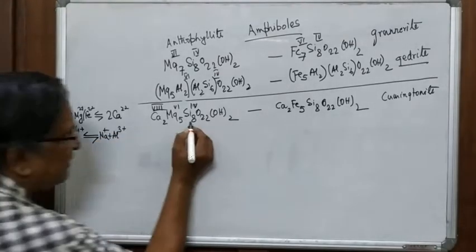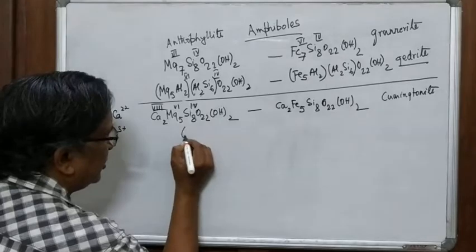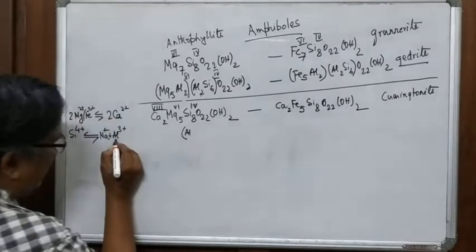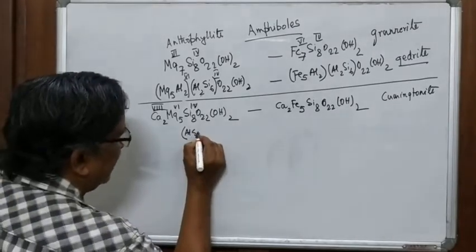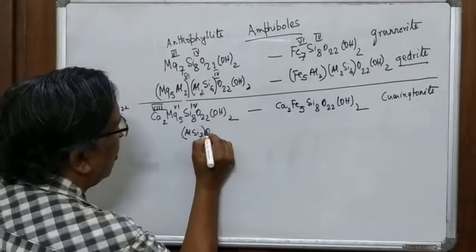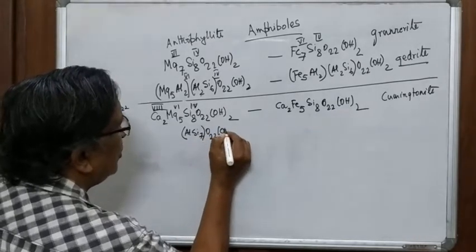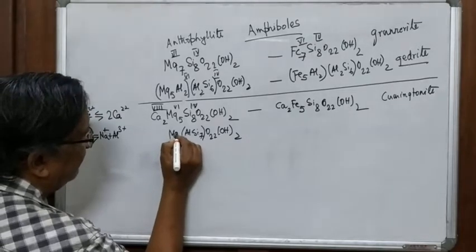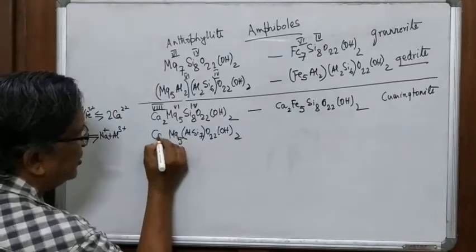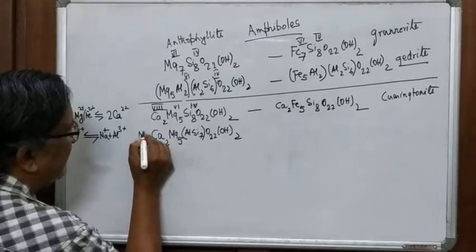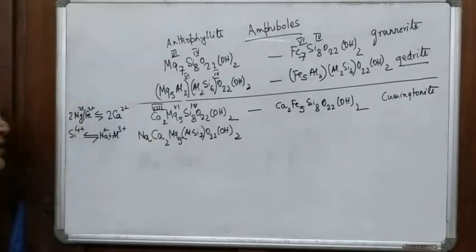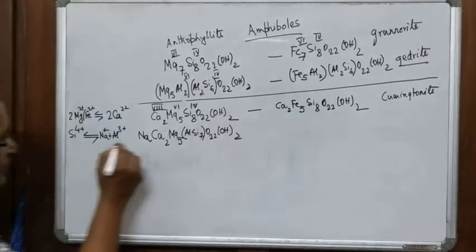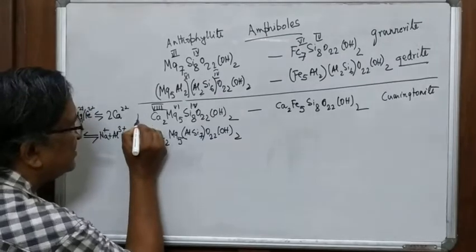So what happens if you take out a silicon? You will have 1 aluminium, and then silicon is 7, O22, OH twice, and here magnesium 5 remains the same, calcium 2 remains the same, and this is where sodium comes in.